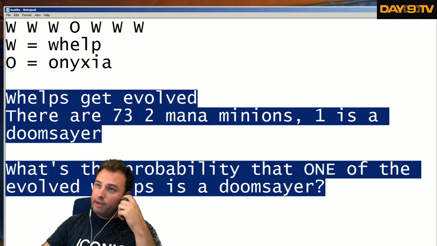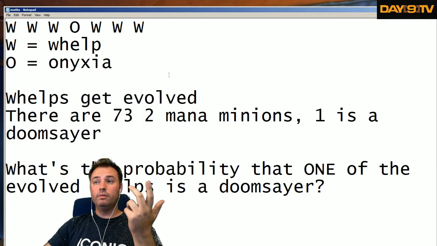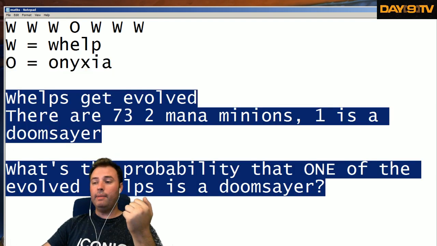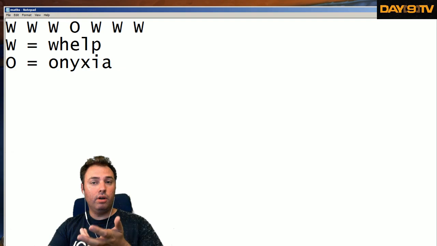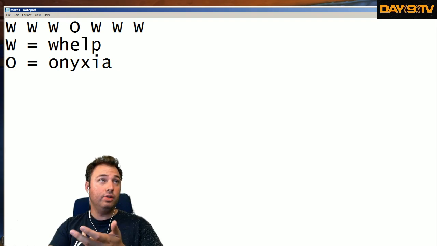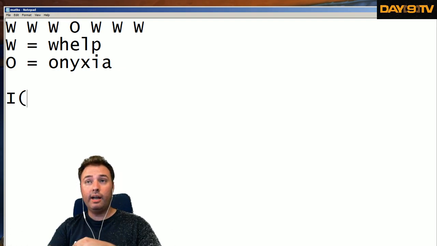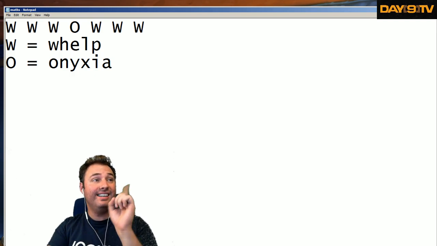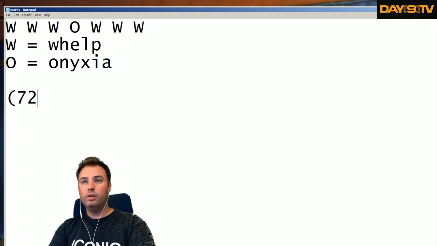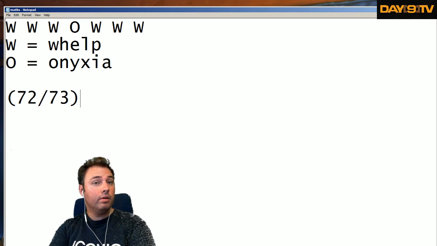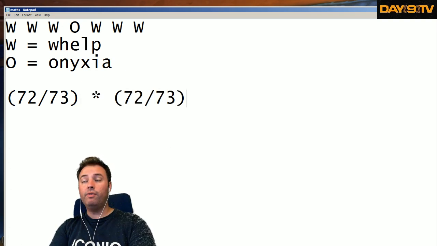So if I do the math here, one of the best ways to solve probabilistic questions is to do the opposite. It's to say, like, okay, what's the chance of it not being a Doomsayer? It's 72 divided by 73 for the first whelp. 72 divided by 73 for the second whelp.